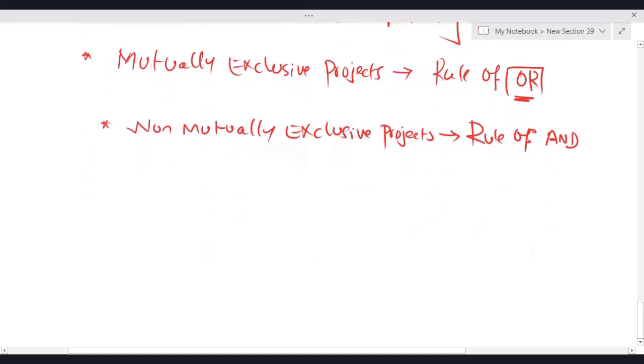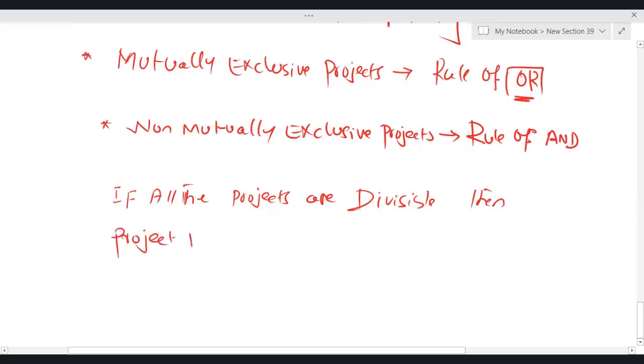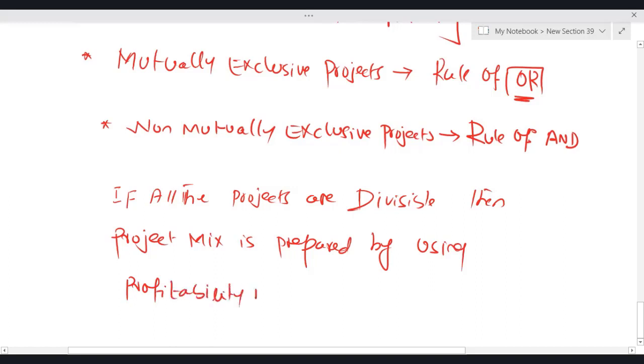Okay. Now listen and listen carefully. If all the projects are divisible, then project mix is prepared by using profitability index.